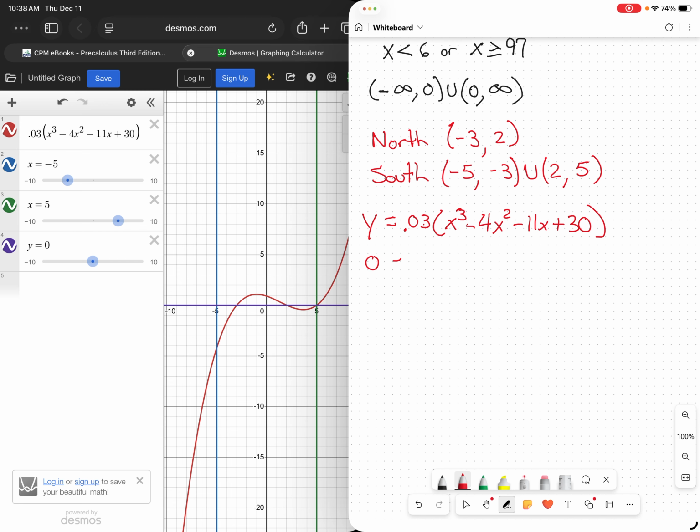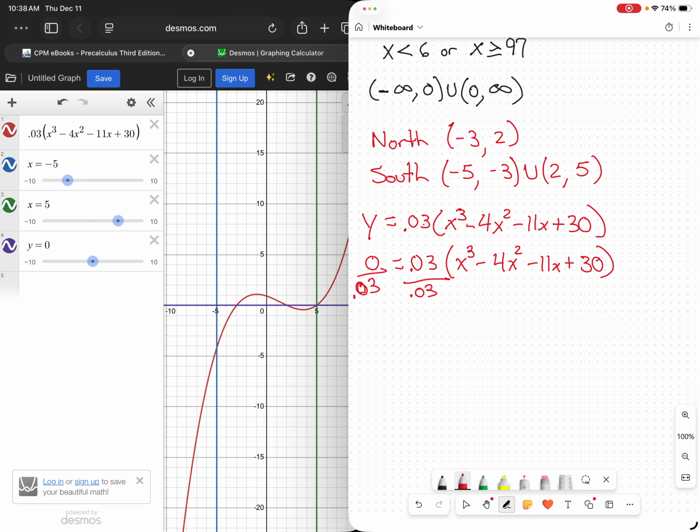So we'll set it equal to 0. 0 divided by 0.03 is still going to be 0, so that 0.03 technically goes away. And then it's rational roots theorem, right?